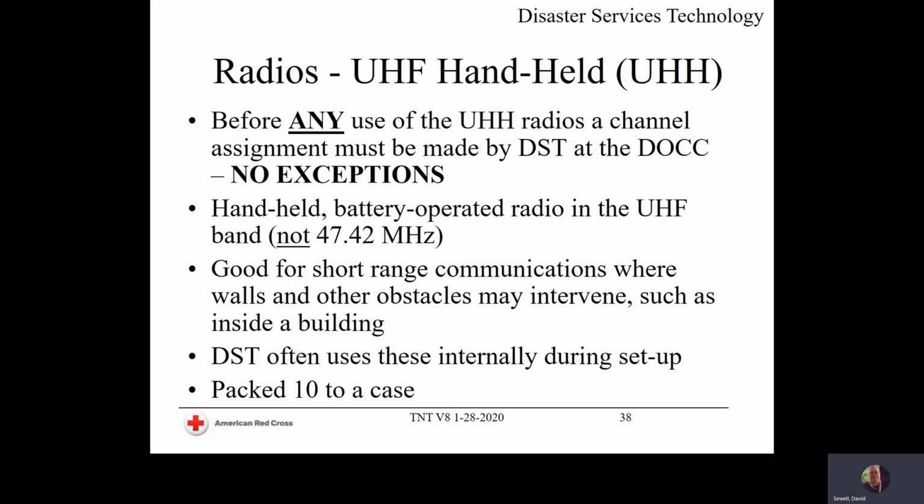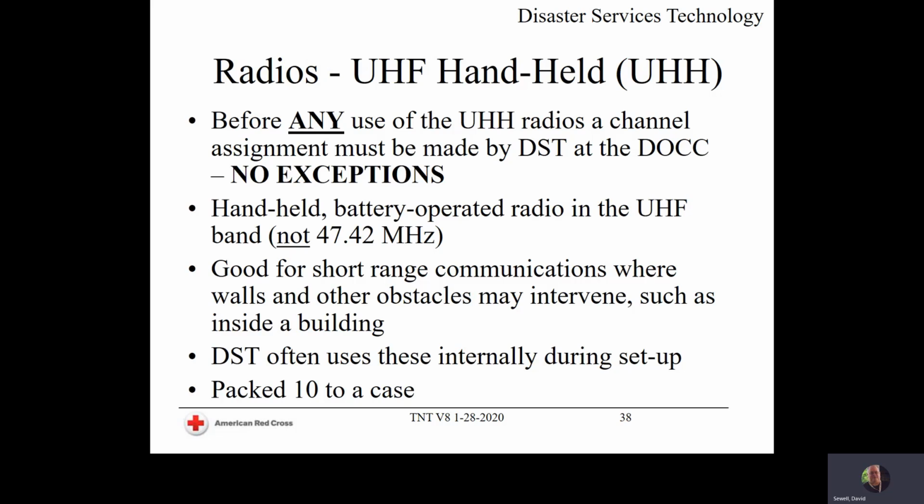Okay, UHF handhelds. They have assigned frequencies that are programmed into them, but they are shared frequencies. So you need to email DST at the Disaster Operation Coordination Center and tell them the zip code and the address where you are, and they'll look up and send you back frequency numbers that you can use on the radio.